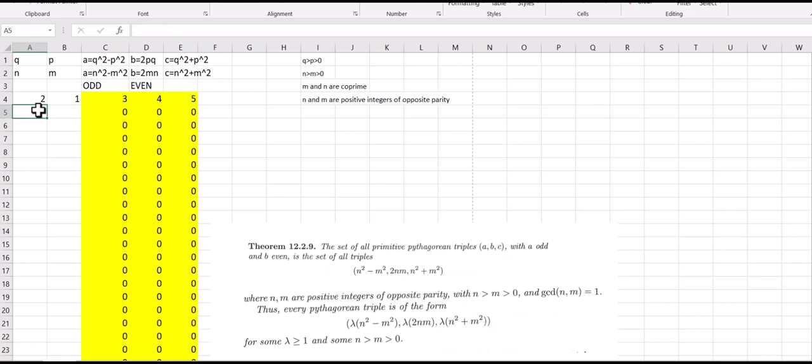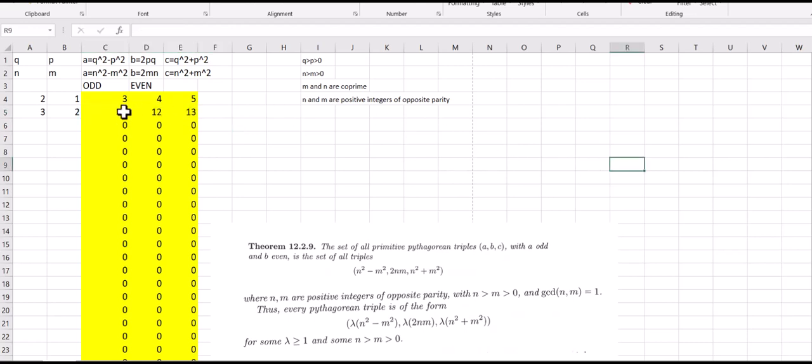The next possible value here for n is 3. And if your n is 3, your m must not be odd anymore because 3 is odd. We could have m equals 2 here. So with n equals 3 and m equals 2, we were able to generate our next primitive Pythagorean triple, which is 5, 12, 13.